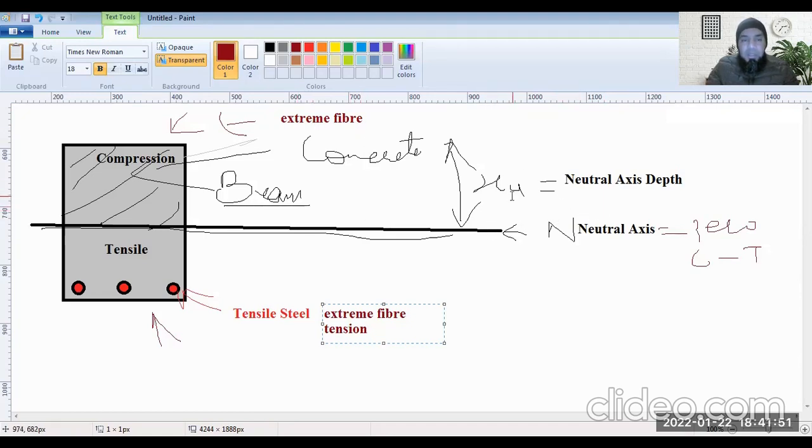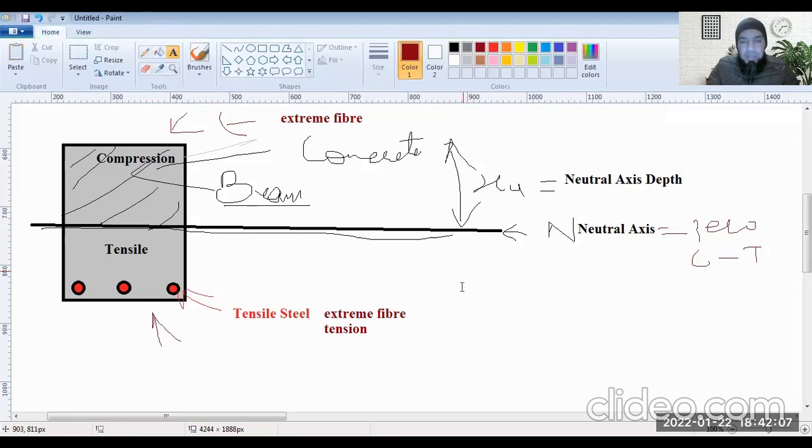Very important, you need to know the neutral axis depth for determining every flexural property, the compression properties, and the other properties. So your design will actually be dictated by the depth of the neutral axis. So this XU becomes very important in your design.